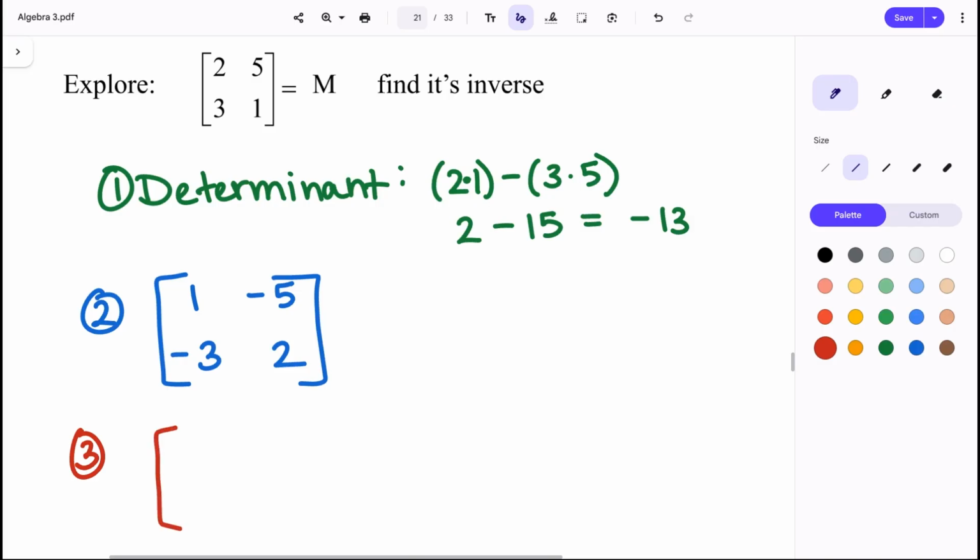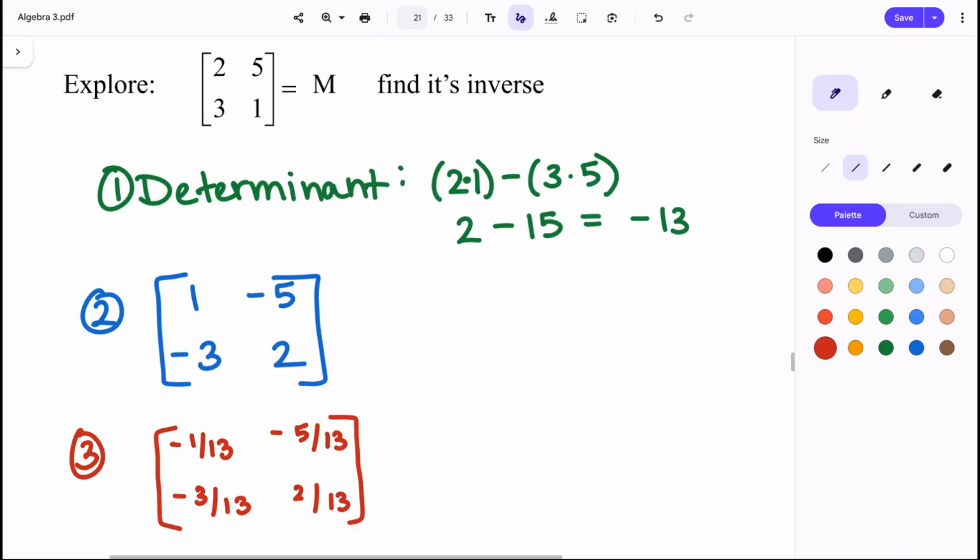If you can't, though, you're going to have to leave it as a fraction. So this is going to be negative 1 over 13, negative 5 over 13, negative 3 over 13, and 2 over 13. So that would be the inverse of that original matrix. Again, if I multiplied those matrices together, I would get the identity matrix to show up, the 1, 0, 0, 1.